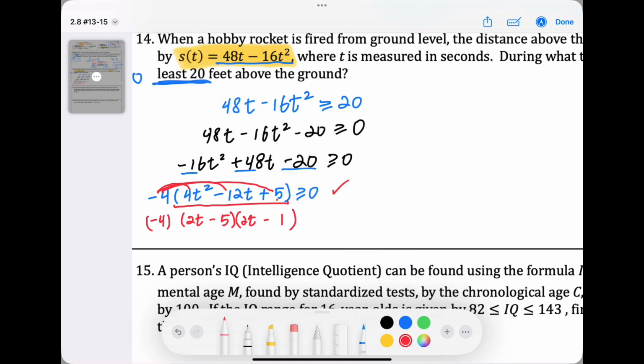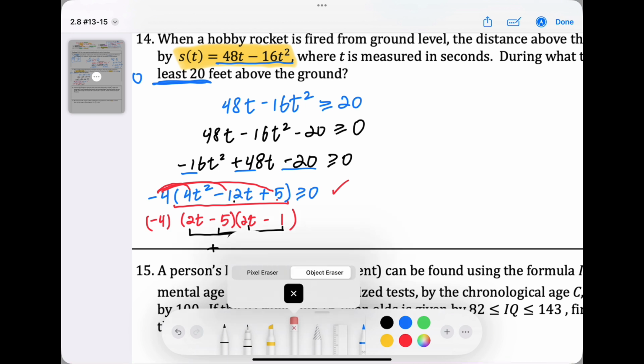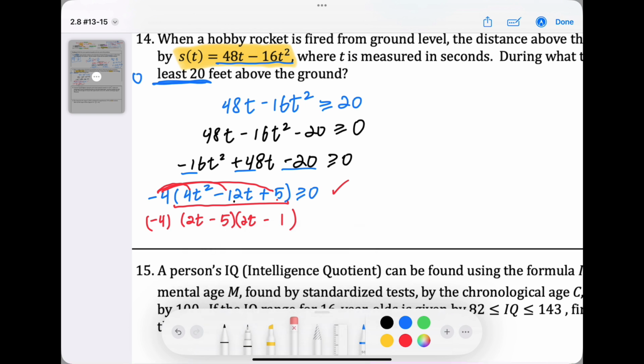Let's also check the middle term. Negative 5 times 2t will be negative 10t, and 2t times negative 1 is negative 2t. When I add them together, I do have negative 12t, check. So seeing is believing. How wonderful is that? I know that this will be my perfect factoring.